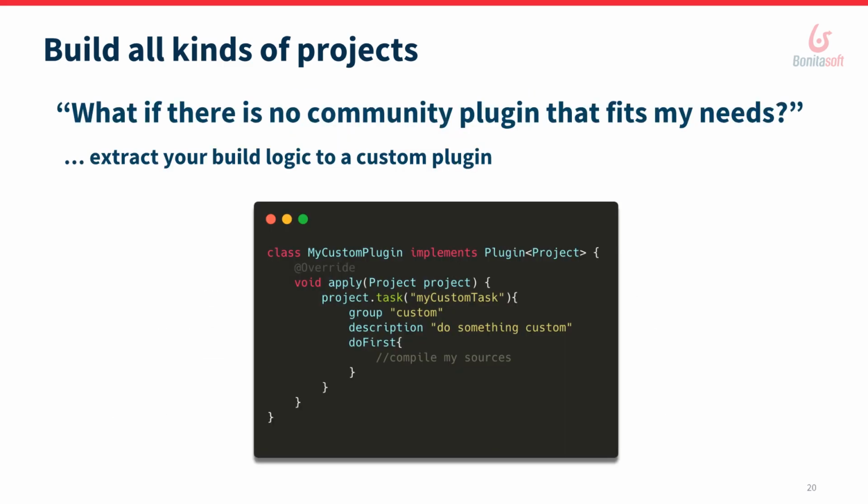It's a simple example with only a simple class to implement. You have one method to implement that is called apply, and it applies something on a project. So in that case, I only create a new task with some description and some behaviors.